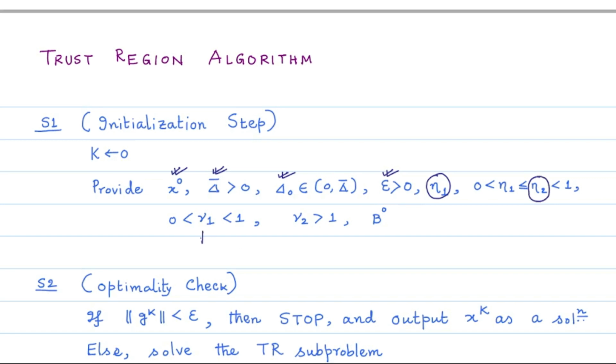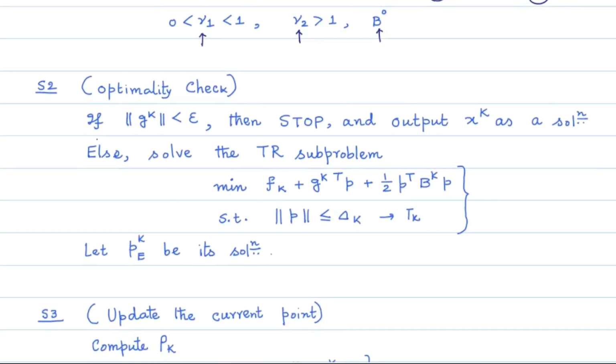Here is a fraction gamma_1 to shrink the trust region radius, and here is a multiple gamma_2 to enlarge the trust region. B_0 is an approximation of the Hessian of the objective function at the current iterate x_0. We initialize the counter, the iteration number k equal to 0, and then we move to the second step.